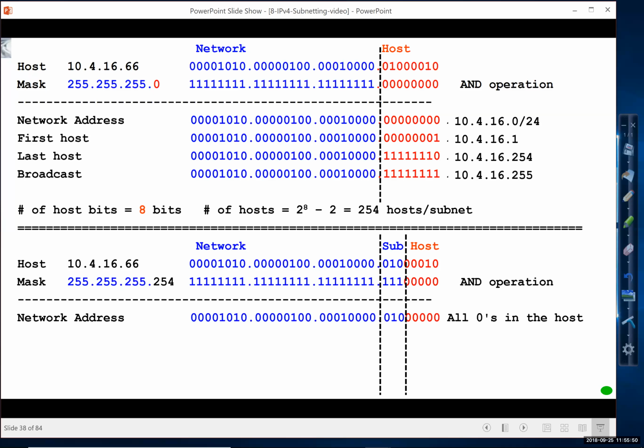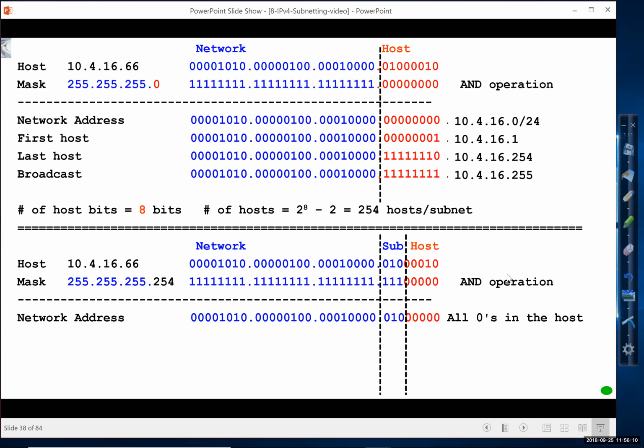Just copy the network portion, all 27 bits, including the subnet bits. It's part of the network portion. That's where the mask is, still ones. 010 gets copied down here. Sometimes people make a mistake of putting zeros here. No, copy these first 27 bits.